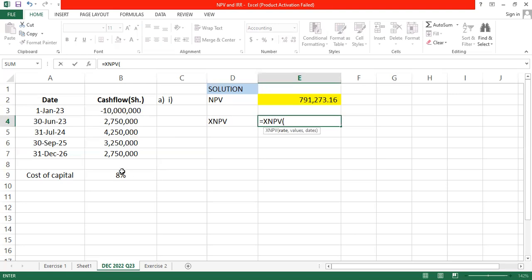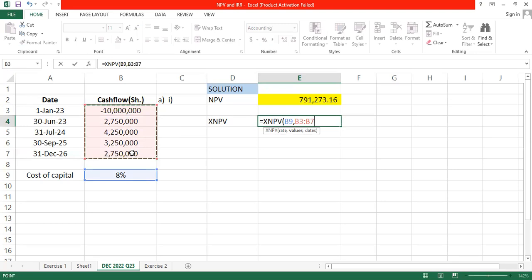Pick the rate, then comma, pick the values, and in this case, please note this: as you pick the values, you pick all of them, remember, from the initial outlay.